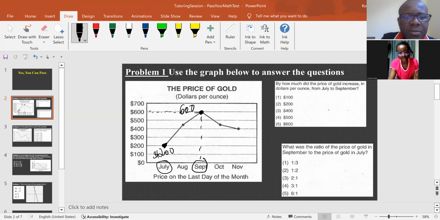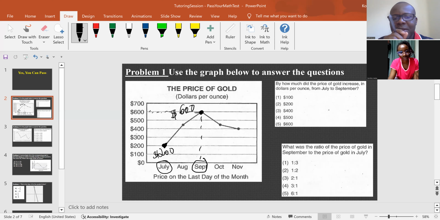But the question asks by how much the price of gold increased. You have 200 in July, and in September you have $600. So the price went up, but by how much?